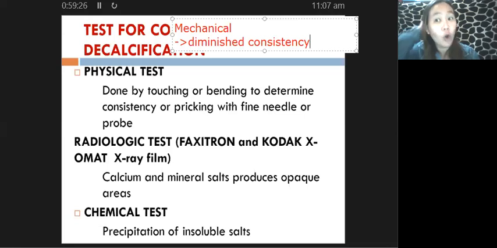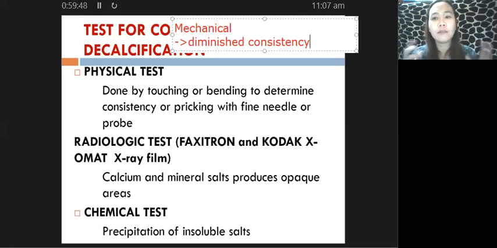There is no concrete evidence. The evidence that you are providing for complete decalcification is not substantial. So it is considered to be a vague and unreliable test for complete decalcification.